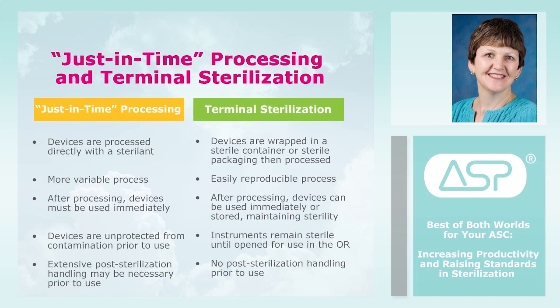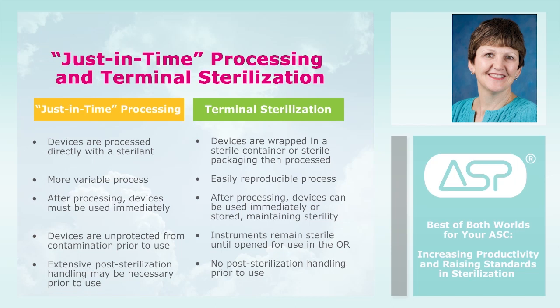On the other hand, the STERRAD Annex system provides terminal sterilization. Before processing, devices are either placed in a closed container system or packaged using sterilization wrap or pouch that allows for sterilant penetration during processing. This means after processing, devices can be used immediately or stored, maintaining sterility.